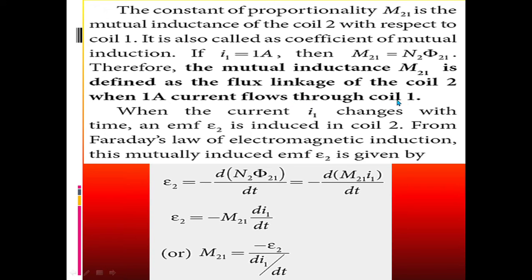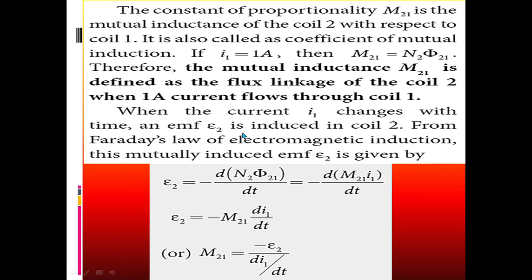So please note it down, listen carefully. The mutual inductance M21 is defined as the flux linkage of coil 2 when 1 ampere current flows through coil 1.